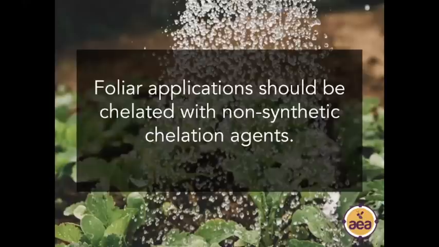So to prevent oxidation on the leaf surface, these trace minerals need to be chelated. And then also, once they have been absorbed by the plant, chelation will improve absorption by the plant itself, which is really important as well.